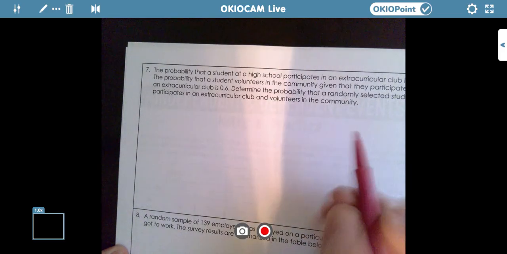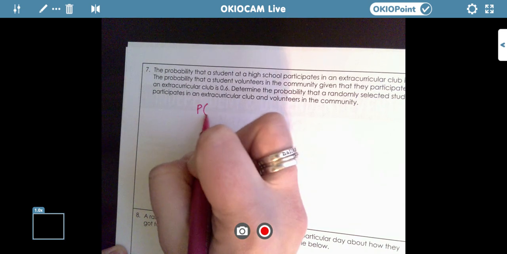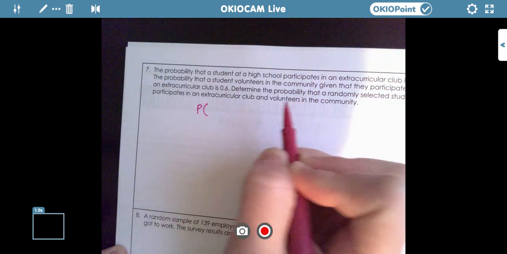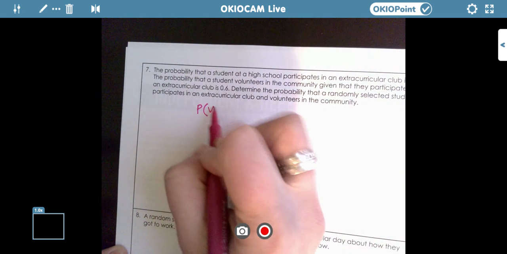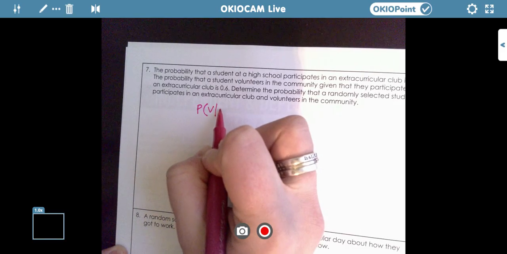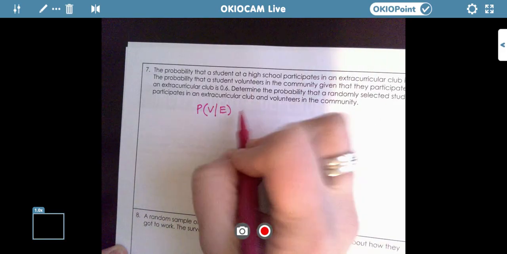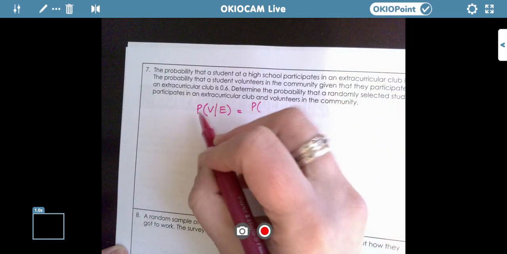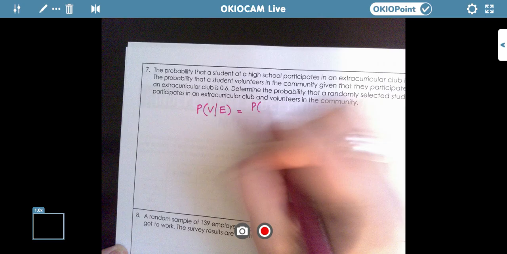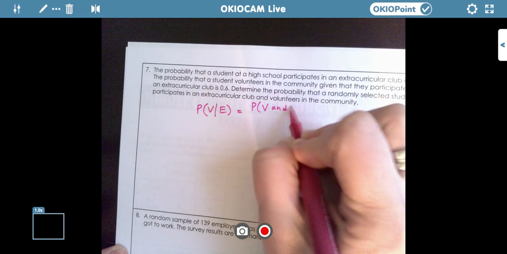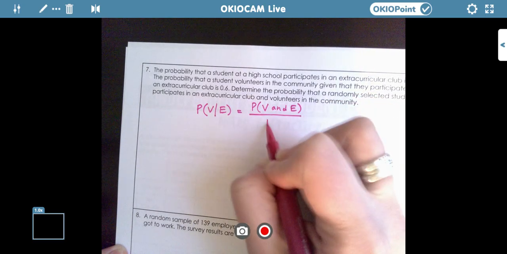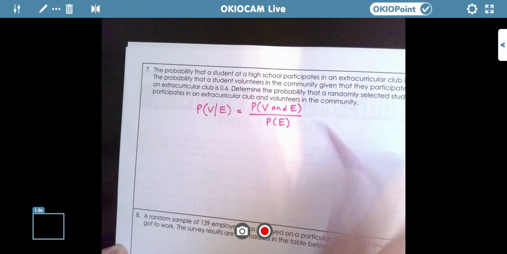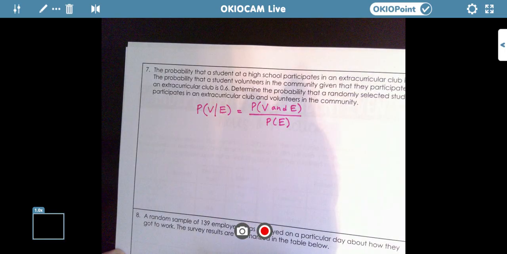So again, we go back to that formula that they gave us. Probability of volunteering given that they're in an extracurricular equals, and the formula says that this one given this one is equal to both of them, V and E, over the given one, which is the second one, E. So then we start plugging in for what we know.